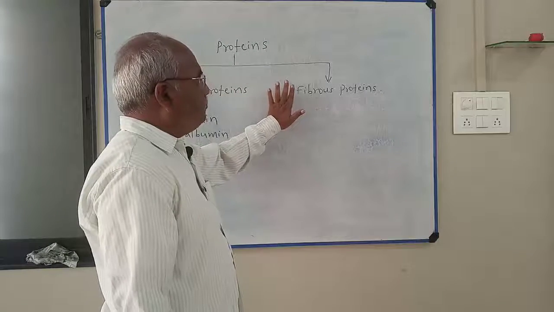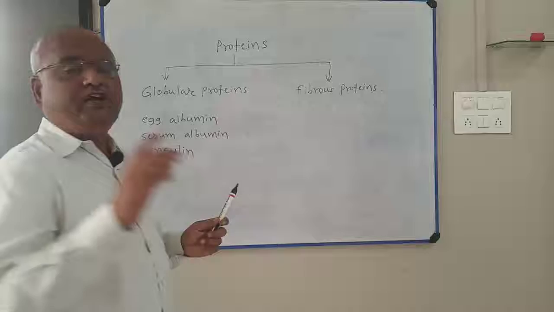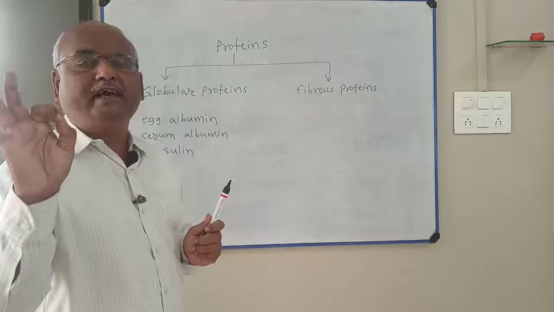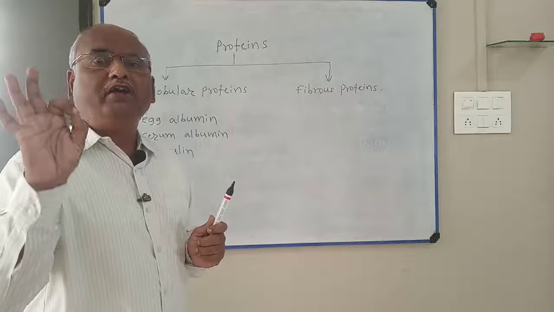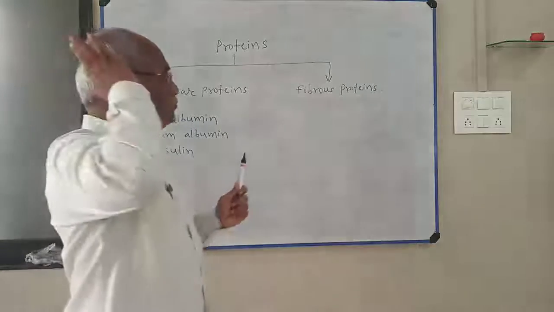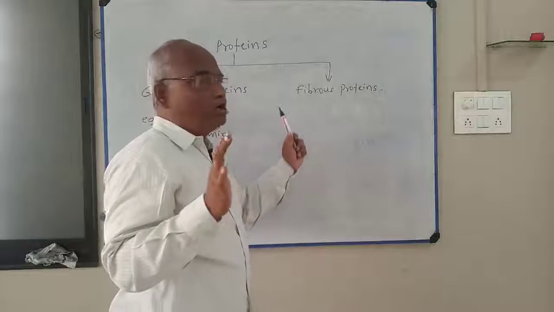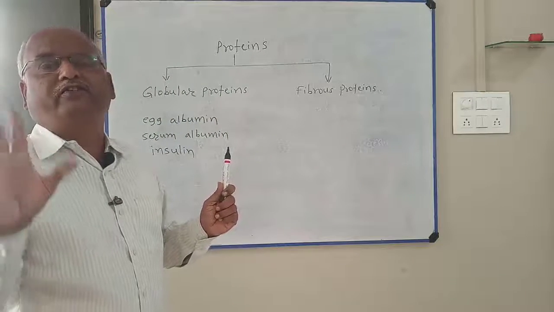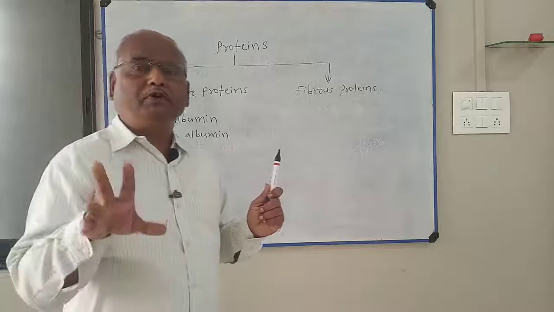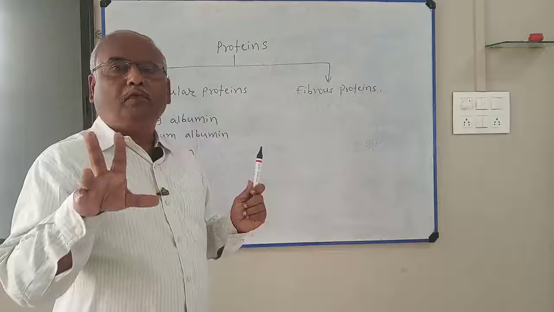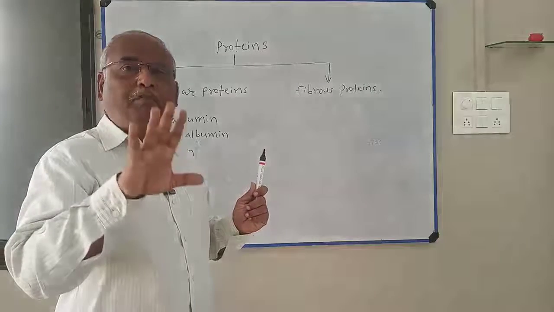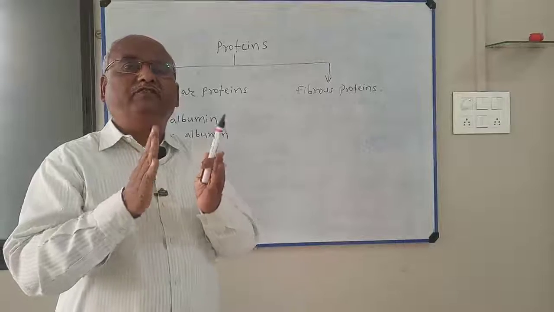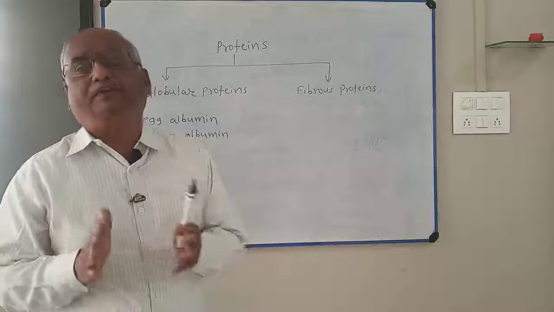After this, fibrous proteins. These proteins have long thread-like or rod-like structure. They are formed from polypeptide chains which lie side by side.